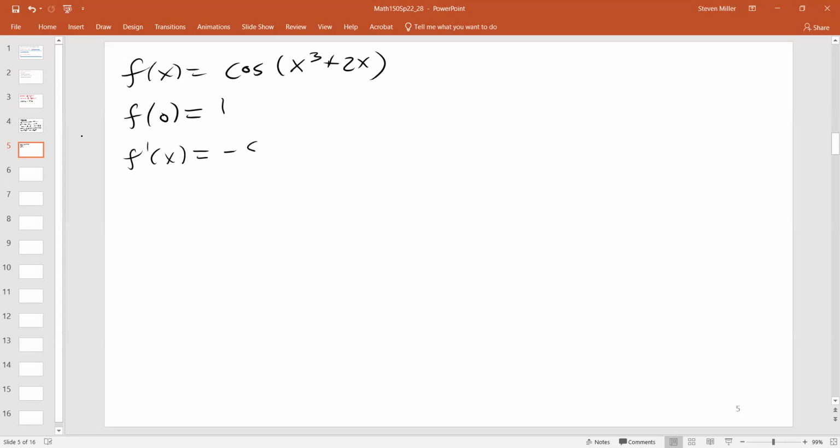So it would be negative sine of x cubed plus 2x. And then we have to take the derivative of x cubed plus 2x, which is 3x squared plus 2. So what's f prime of 0? F prime of 0 is not negative sine of 2. It's just 0, because we have a sine of 0. All right, so that's not so bad.